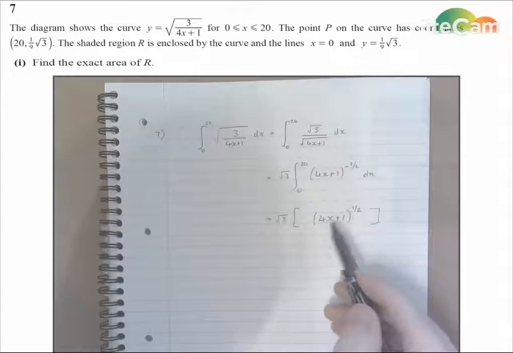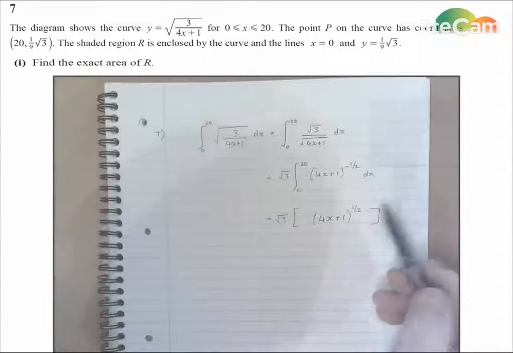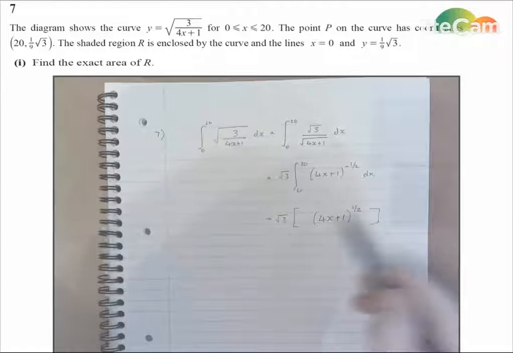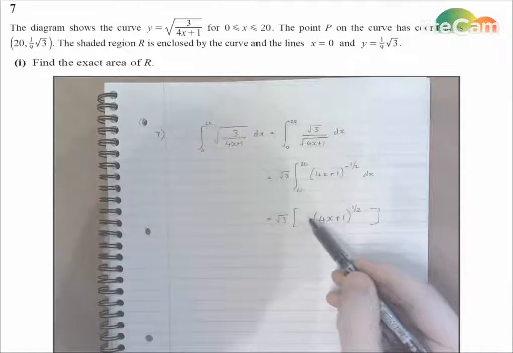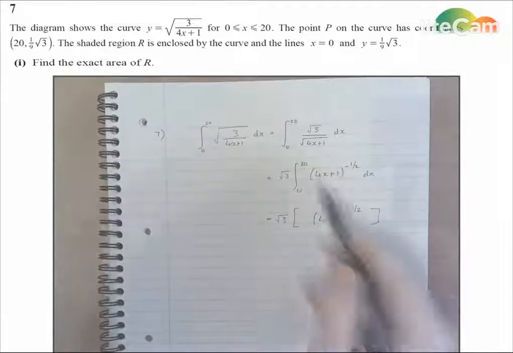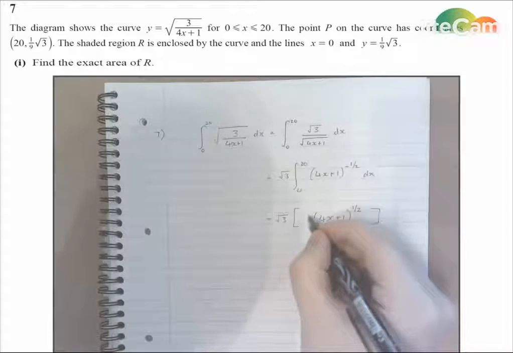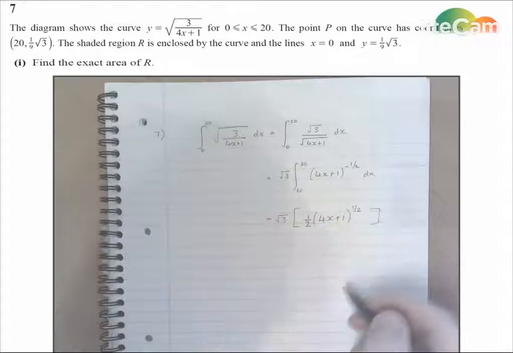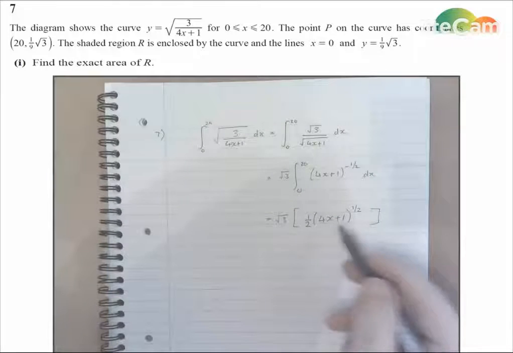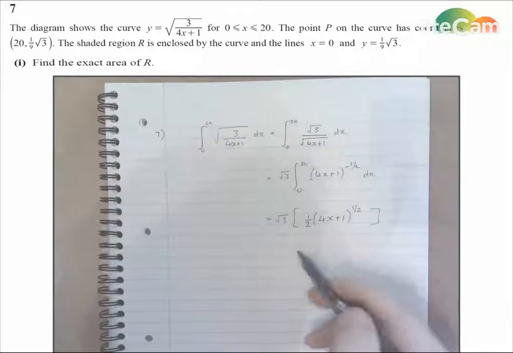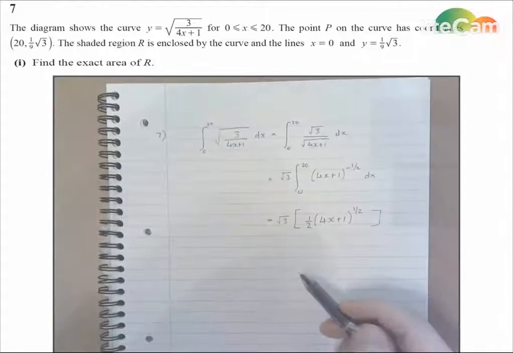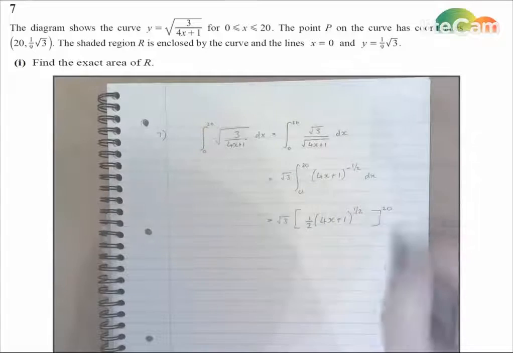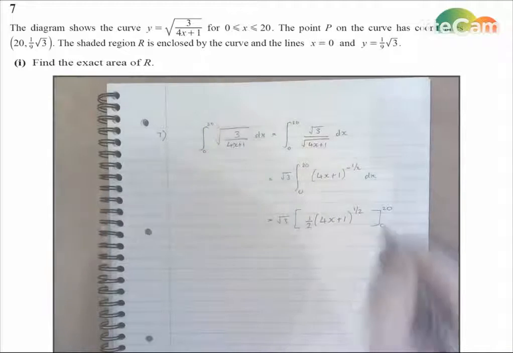I would end up multiplying by 4 and by a half, and 4 times a half is 2. So I would end up with a 2 out the front, but we don't have a 2, so we correct for that by putting a half here. If we differentiate this now, half times 4 times a half, we get 1, which is what we would have here. This is between 20 and 0.